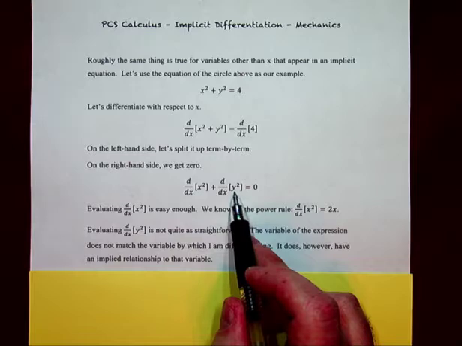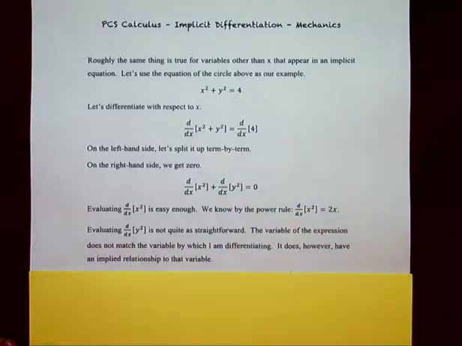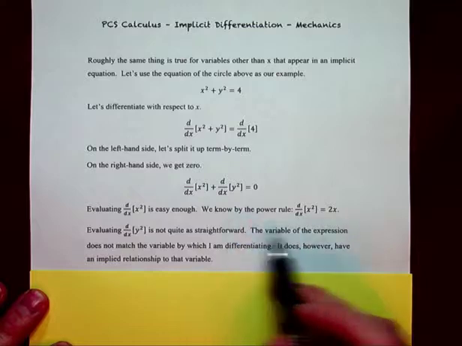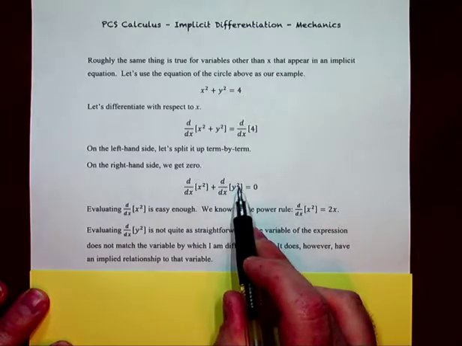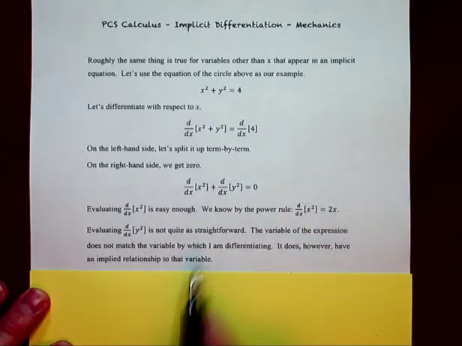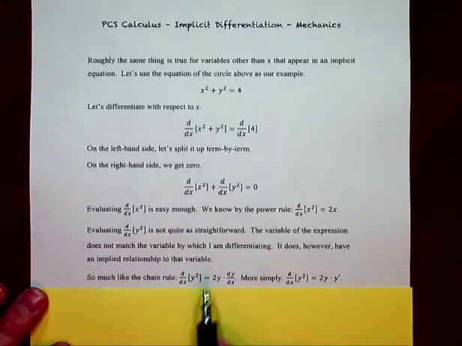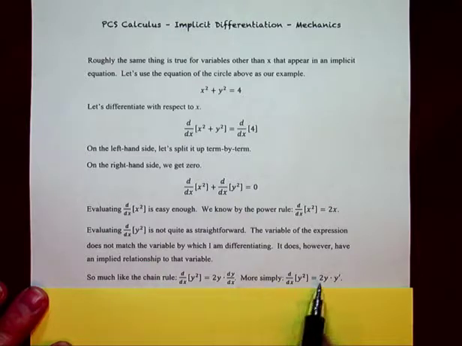And since it has an implied relationship to x, it needs to behave just like the f of x in our earlier chain rule explanation, right? That's stuff squared. And therefore it needs to become 2 times stuff times the derivative of stuff. Or more simply, just 2y, y prime.